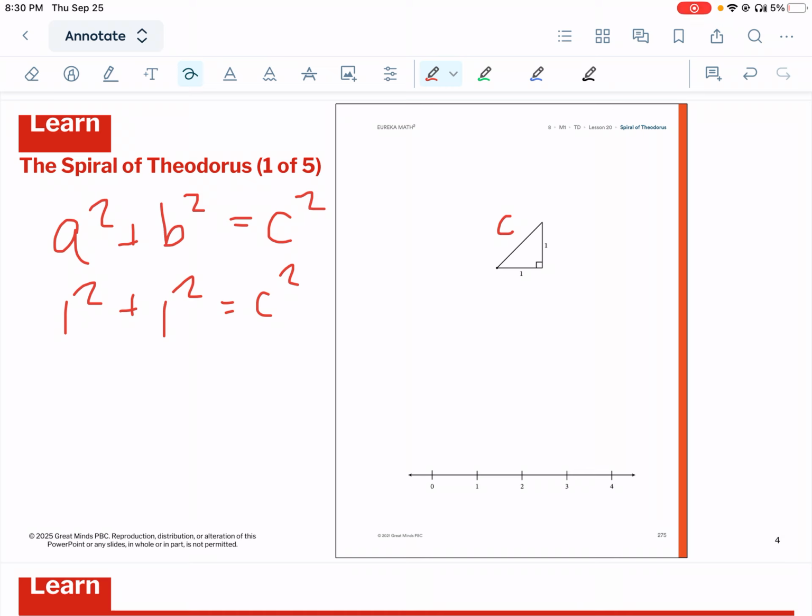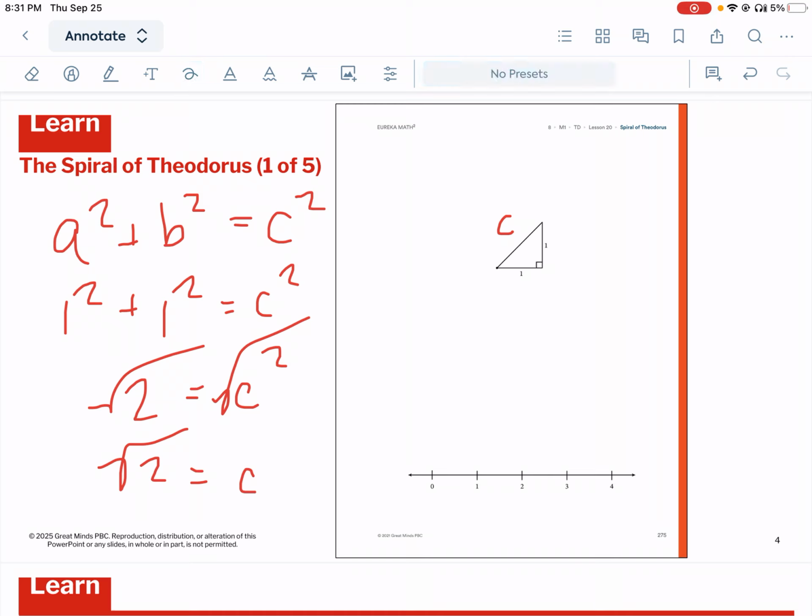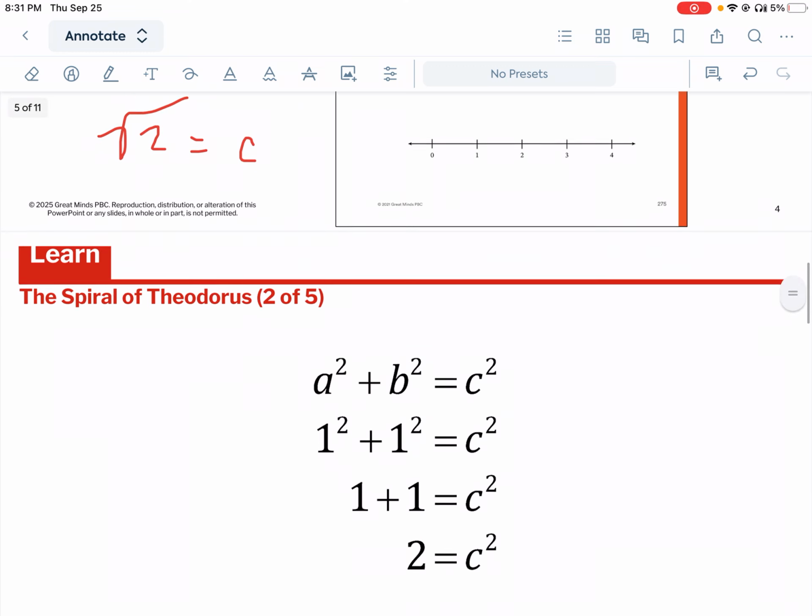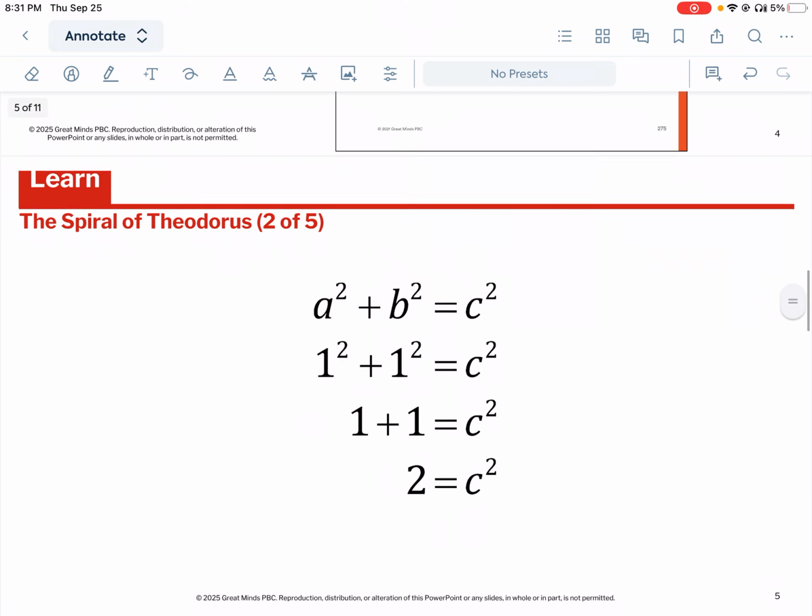That's 1 plus 1, which is 2, so c squared equals 2, and then we need c, so we have to take the square root. So c is going to be the square root of 2, but I'm jumping ahead. I'm just telling you now. Be ready to do a bunch of that. Here's the breakdown right here.